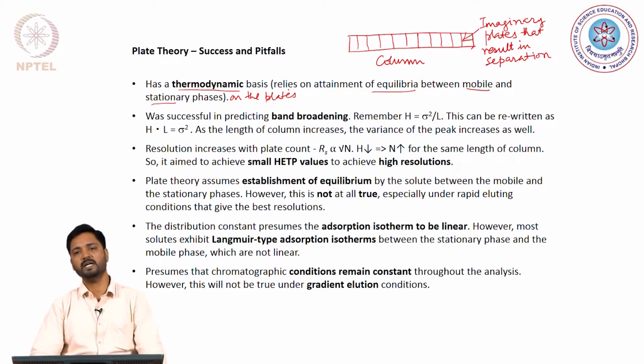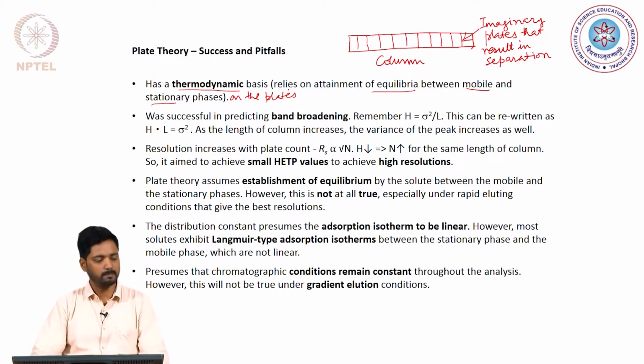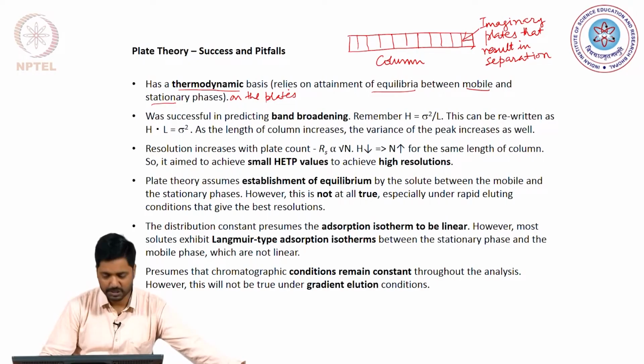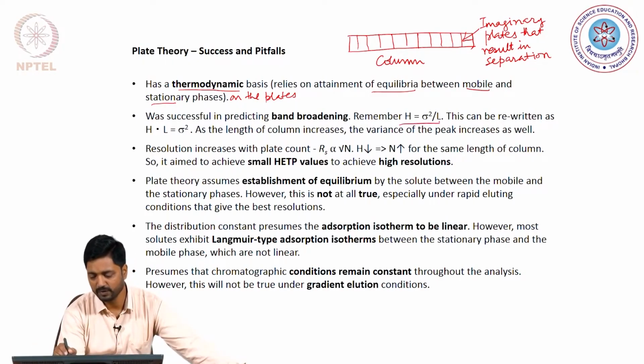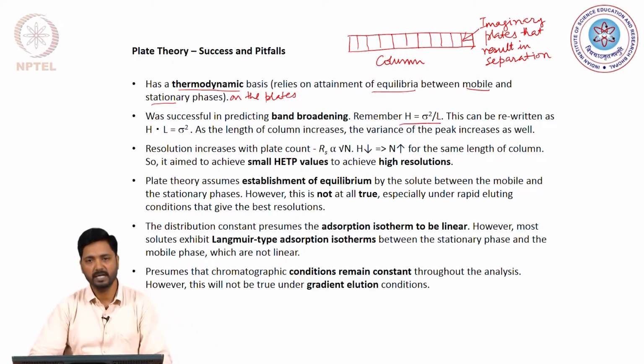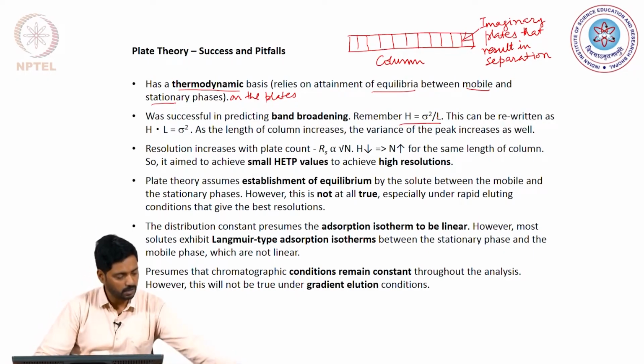Now, let us try to understand how this happens and how this is explained in the plate theory. Remember that we explained the plate height H in terms of the variance of the peak divided by the length of the column. So, let us go to the board and rewrite this.